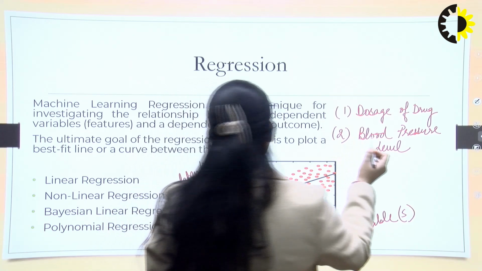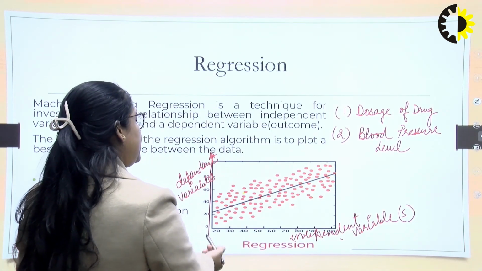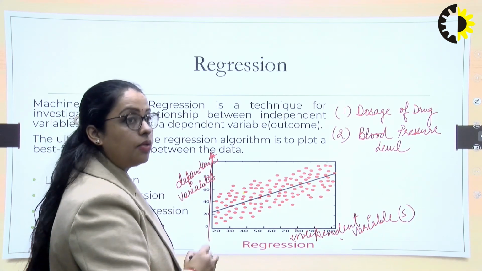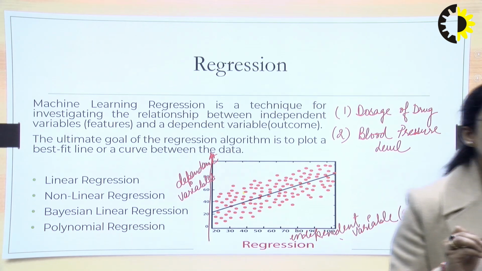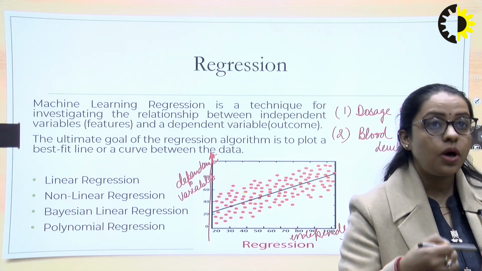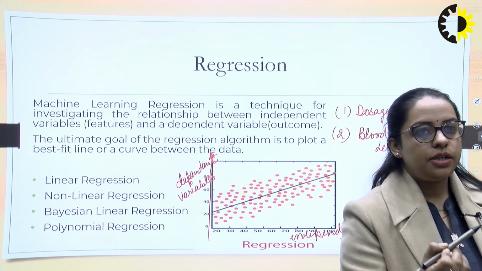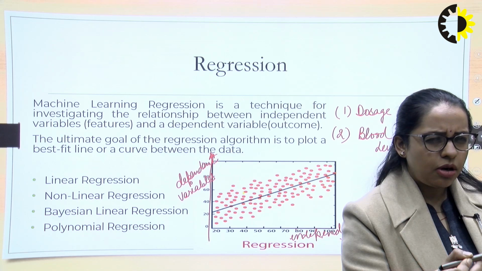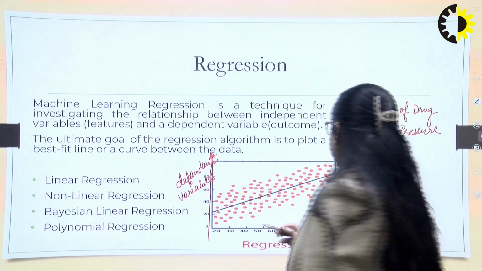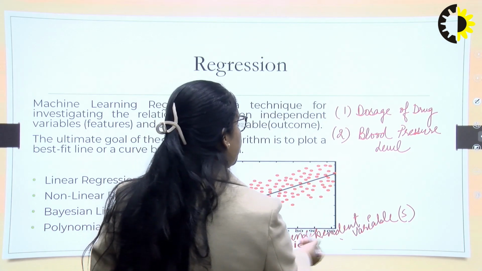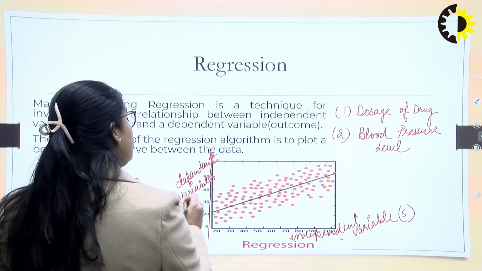And blood pressure level here is the dependent variable. Why so? Because blood pressure level depends upon in what quantity we have offered a drug or any particular medicine to a patient.